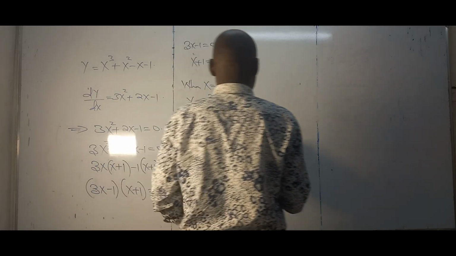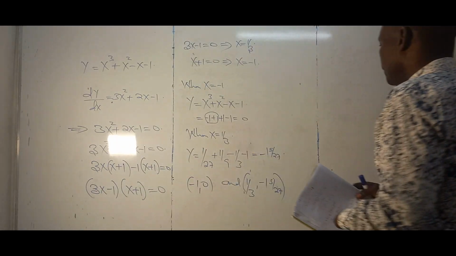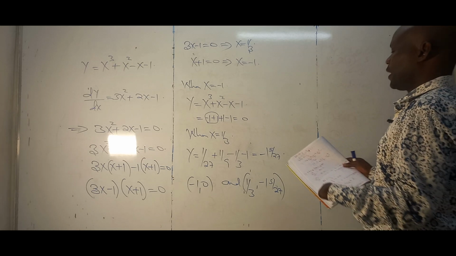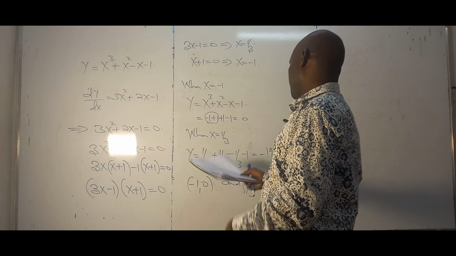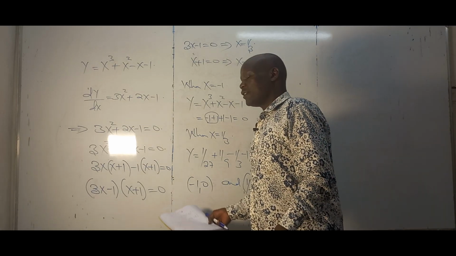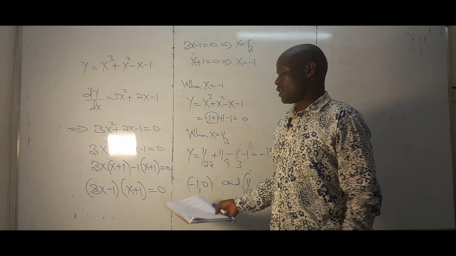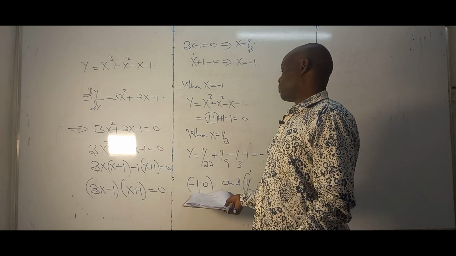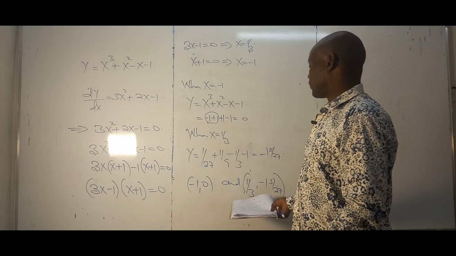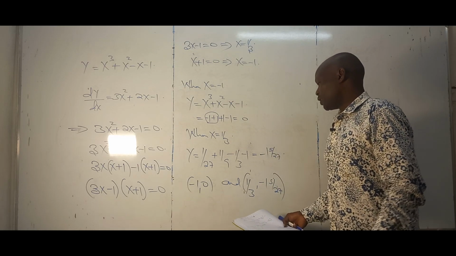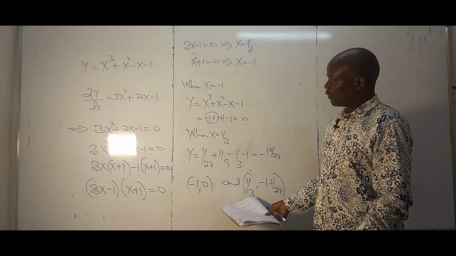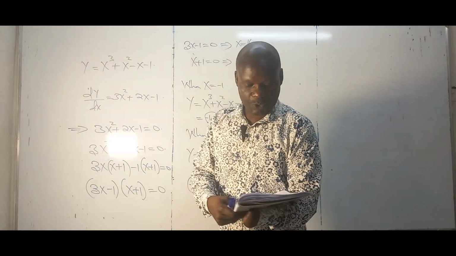So, having found those, we now know for sure that these are the stationary points. But we don't know yet the nature of these points, whether this is a turning point, a maximum point or a minimum point. So let's move on and see. We shall identify the nature of these 2 stationary points.